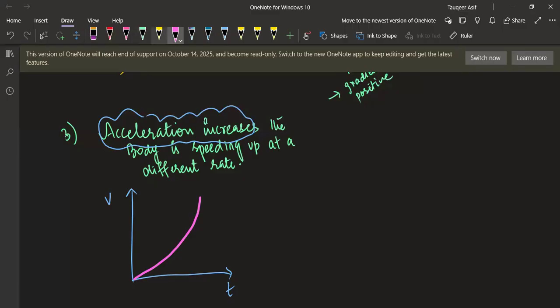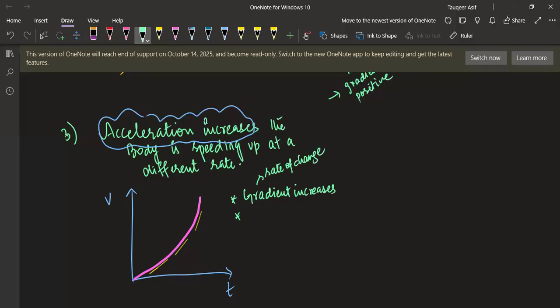Number one, what do you think if I draw the tangent line here? Is it becoming steeper and steeper? Yes. So that means gradient increases, and gradient means the rate of change increases.